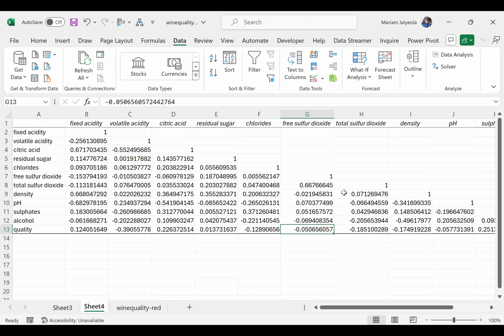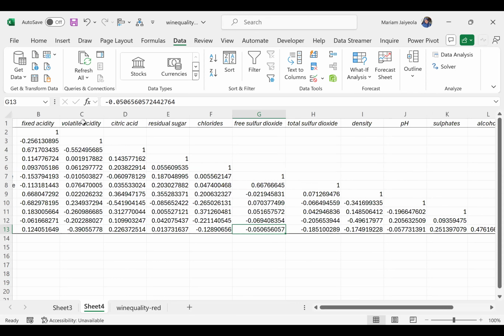Let's see if I can do a conditional formatting on this.